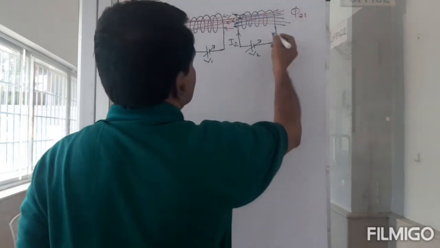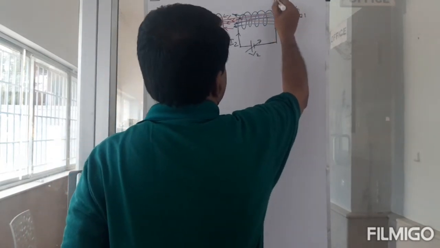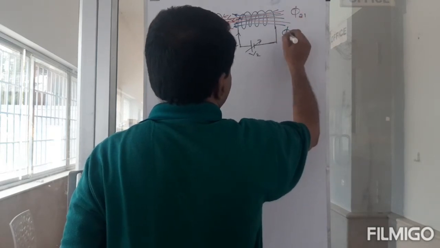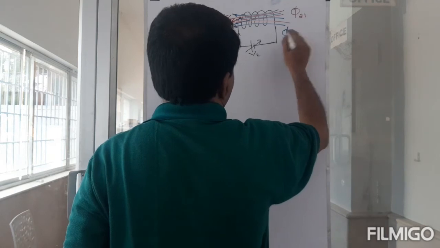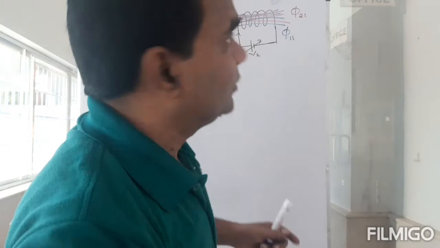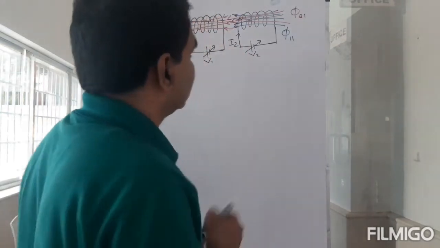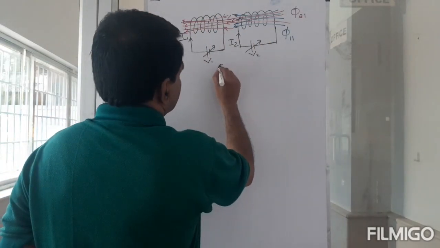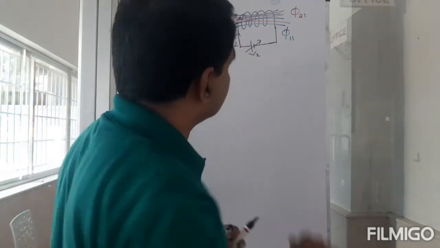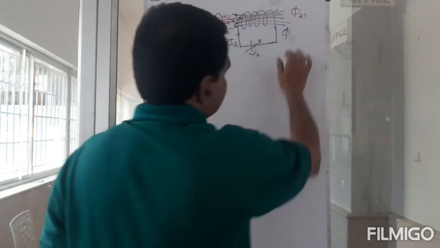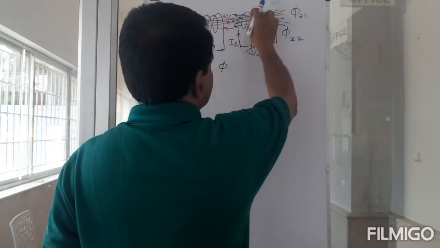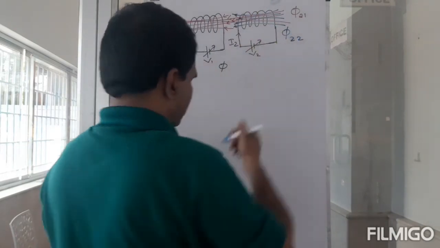This is actually phi 2 2, the flux in 2 due to the current in 2.